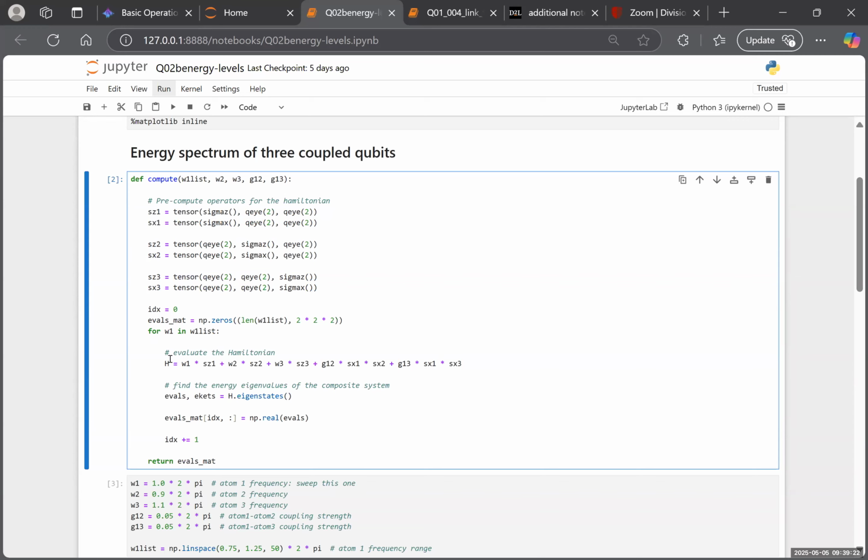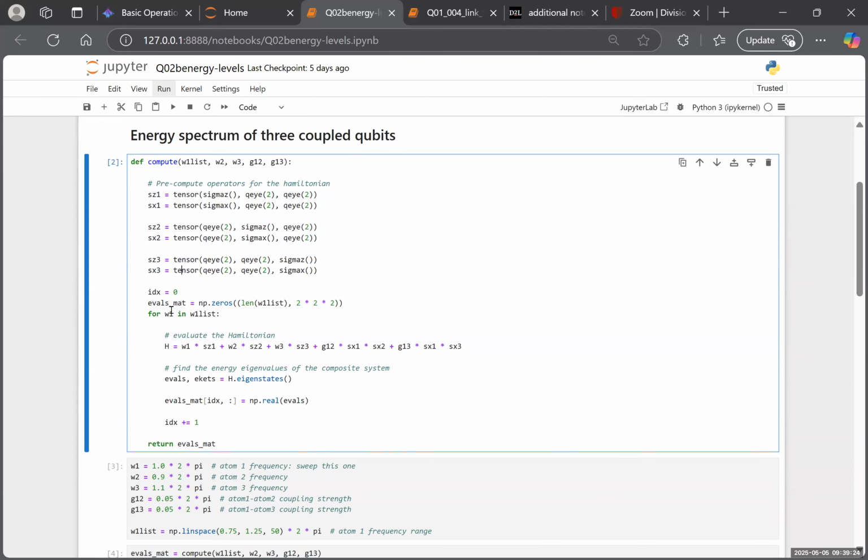So then there's a list. Okay, in this list for the W1, this is a coefficient. So you have these W1 lists and W2, W3, G1,2, G1,3. So basically Hamiltonians of this form.